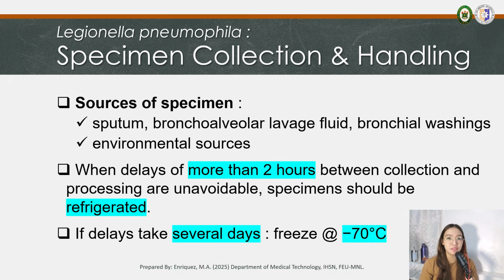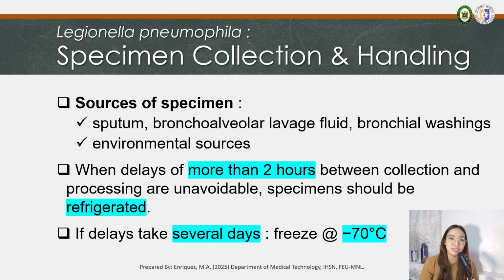Since legionellosis is a respiratory disease, appropriate sources of specimen would be sputum, bronchoalveolar lavage fluids, or tissue. For purposes of public health investigations, in cases of an outbreak, environmental samples may also be collected.